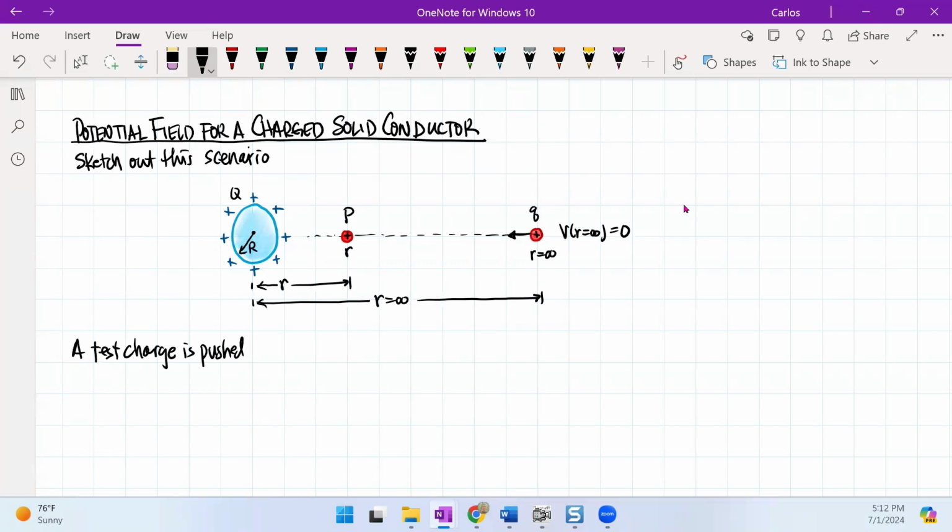So it's pushed from R equal to infinity to the point P located at R. And when I say R, that means it's a distance R from the solid sphere.